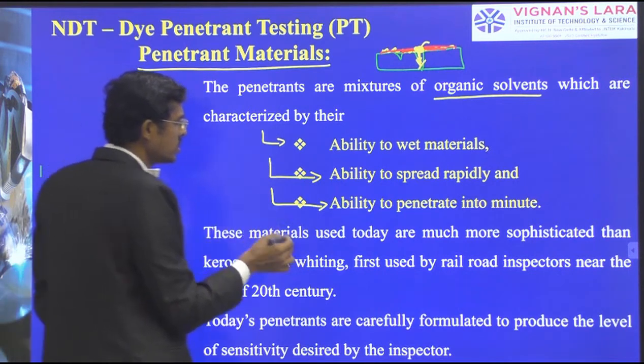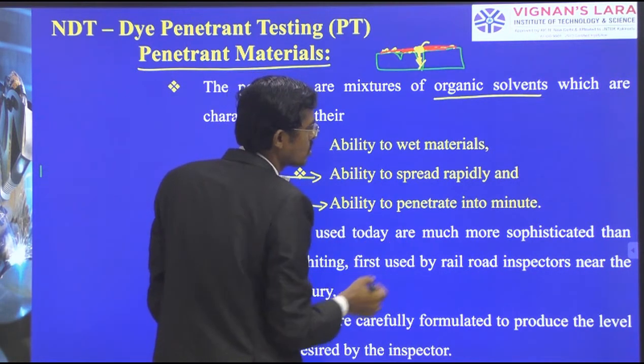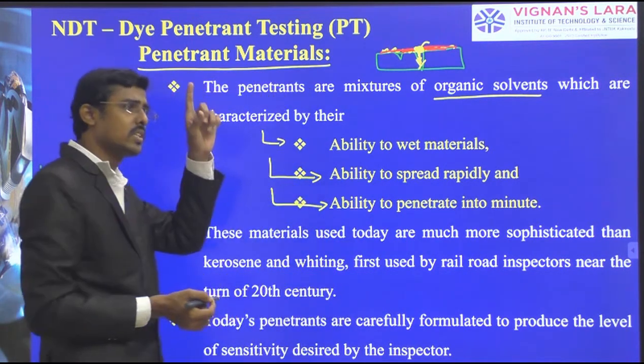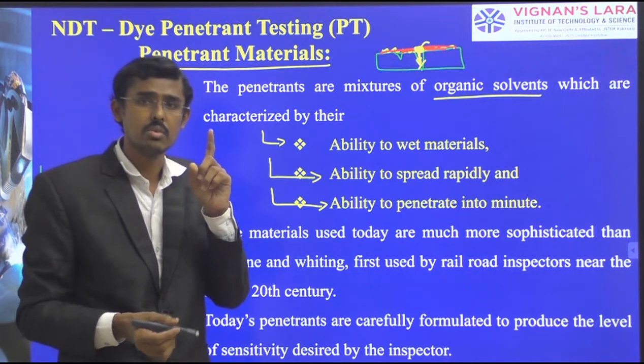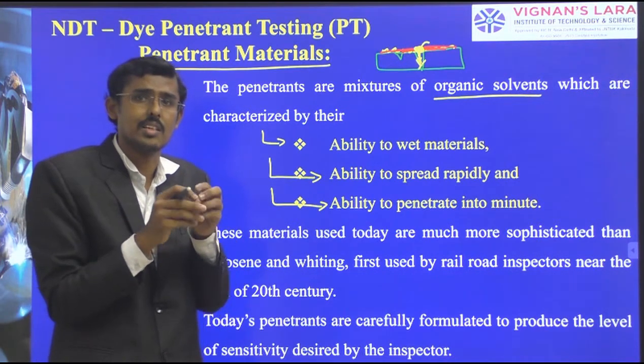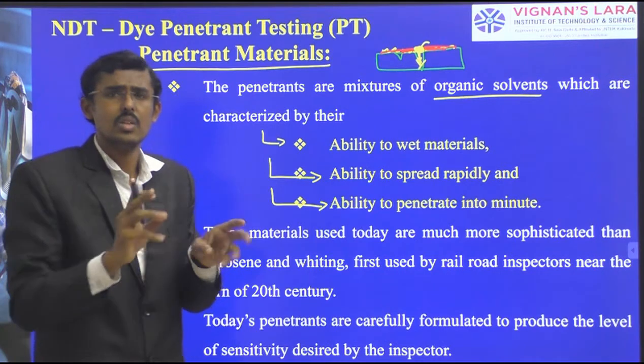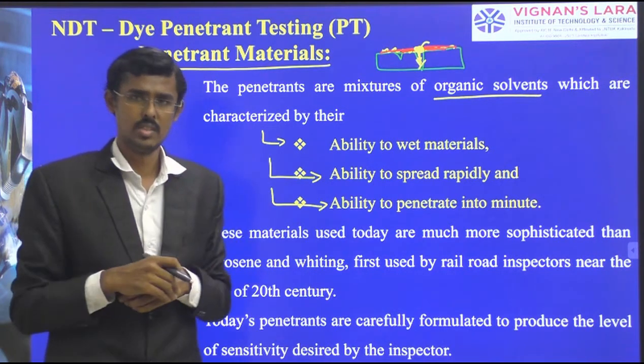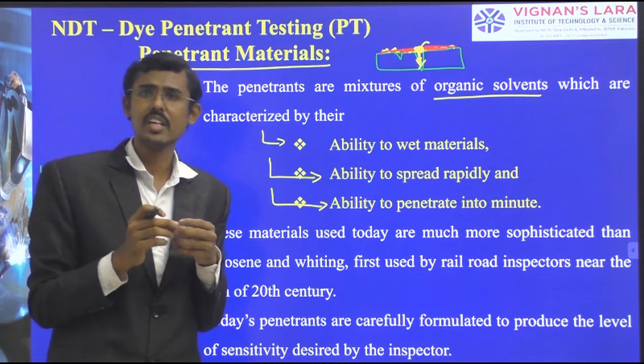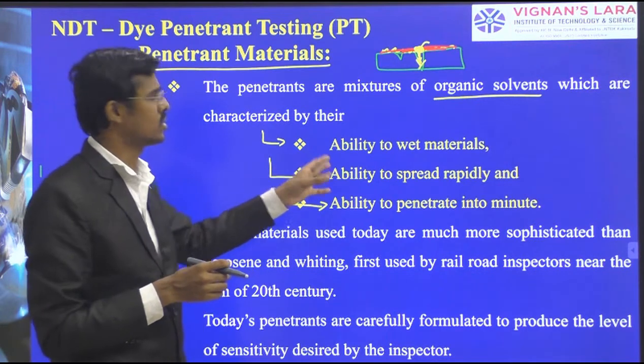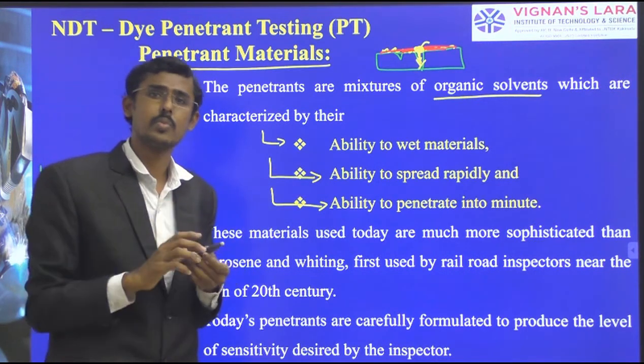These materials used today are much more sophisticated than in the previous days. In the 1900s they used kerosene, oils and contrasting carbon black colors over white. Such methods are very difficult compared to the normal dye penetrant inspection methods.